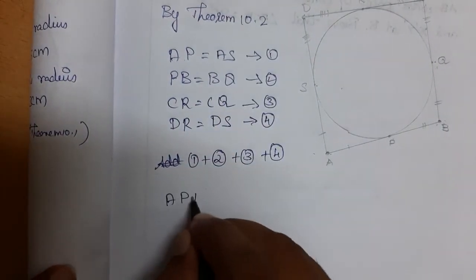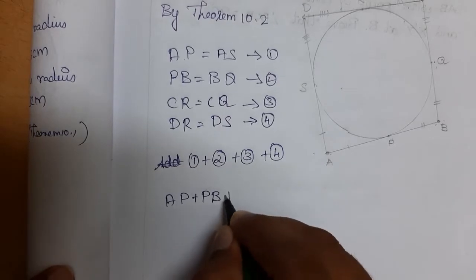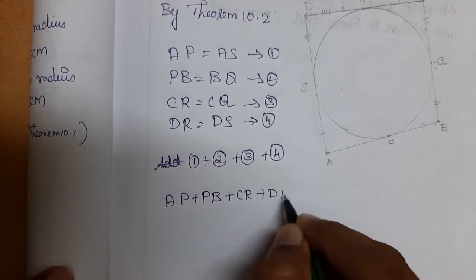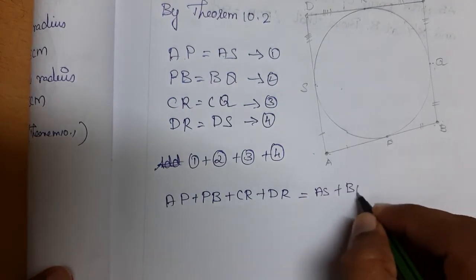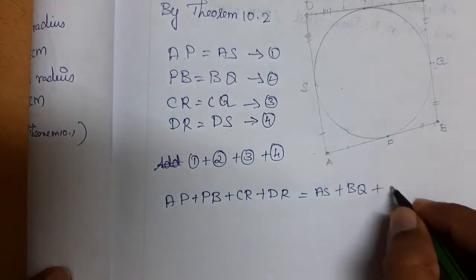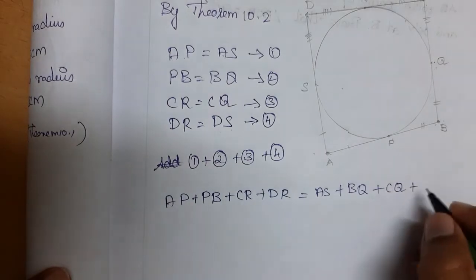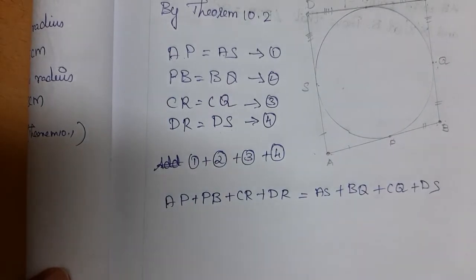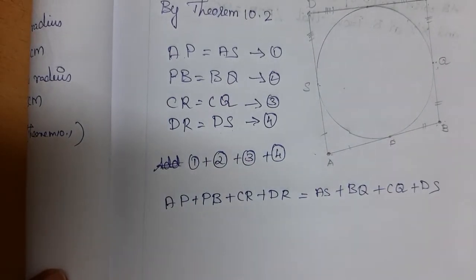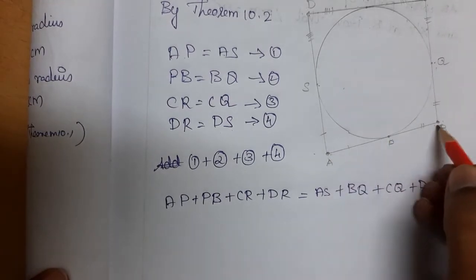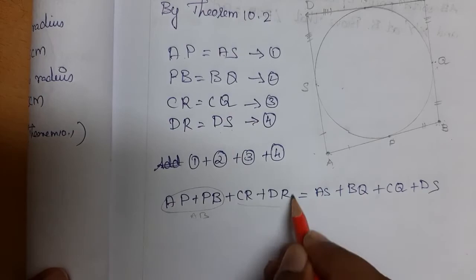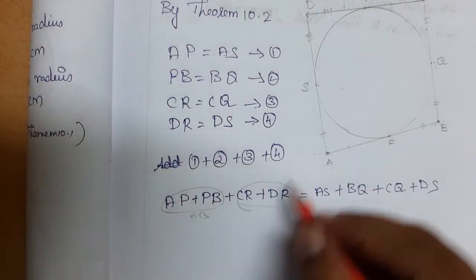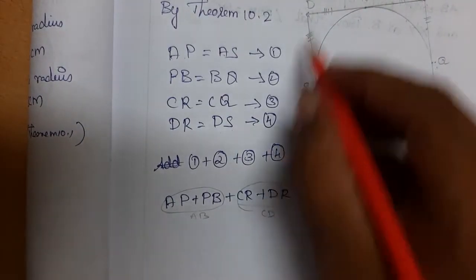So AP plus PB plus CR plus DR will be equal to AS plus BQ plus CQ plus DS. Now we can combine and form AB: AP plus PB is AB. And next, CR plus DR will be CD. That is what we need.